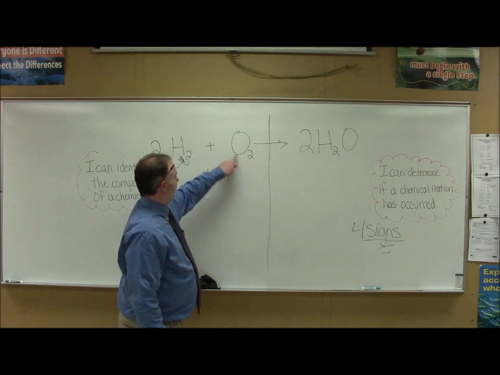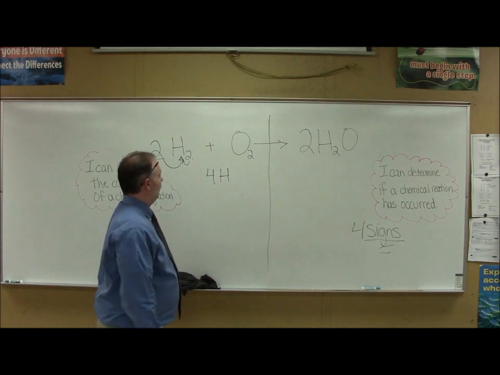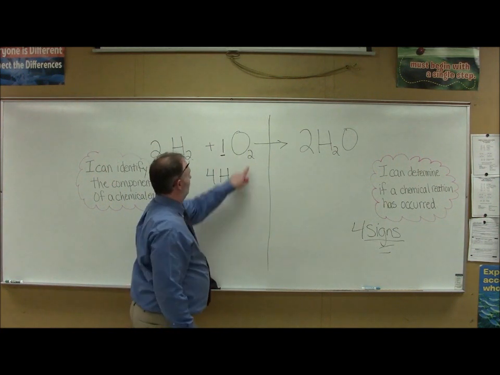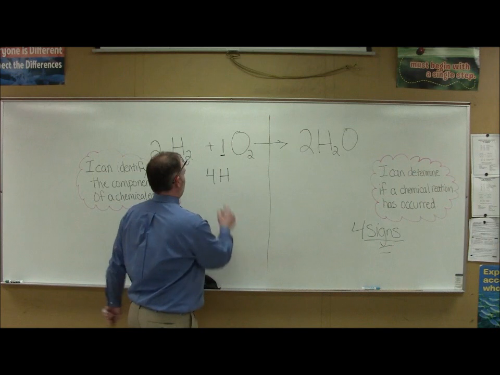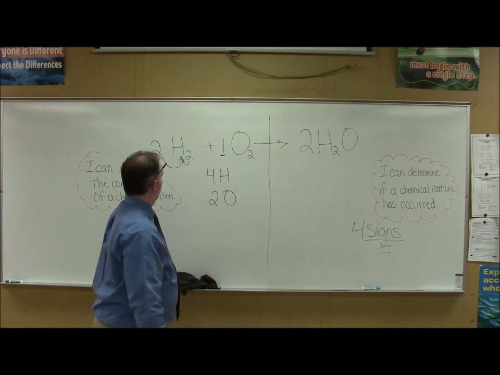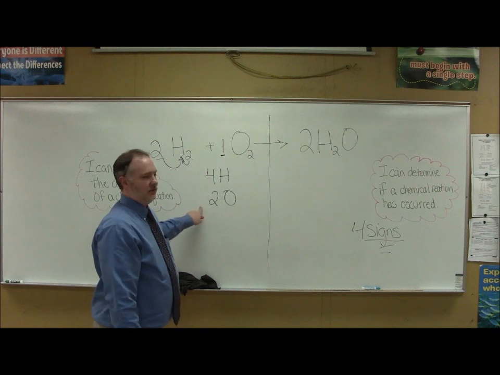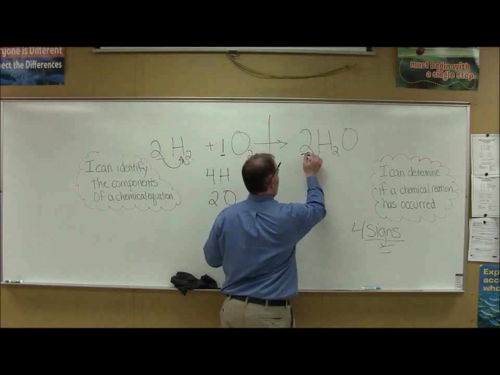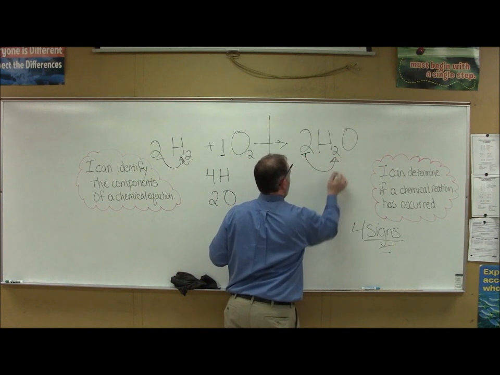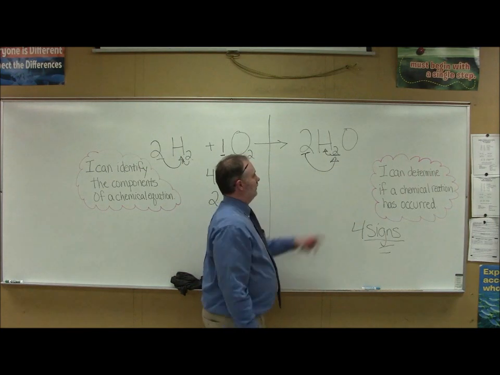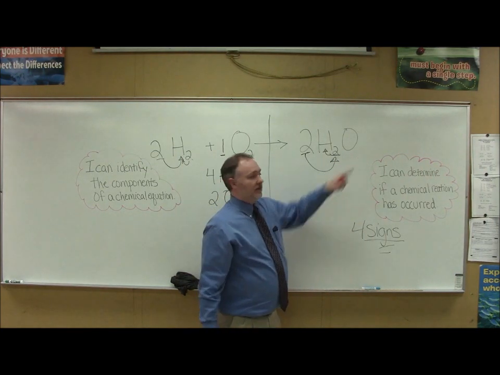Now over here, there's not a number. All right, so we know that there's 1 here, but there's 2 oxygens in that formula. On the left, 4 hydrogens, 2 oxygens. On the right, this number goes to the whole thing. The 2 only goes to the hydrogen, and there's not a subscript after the oxygen.